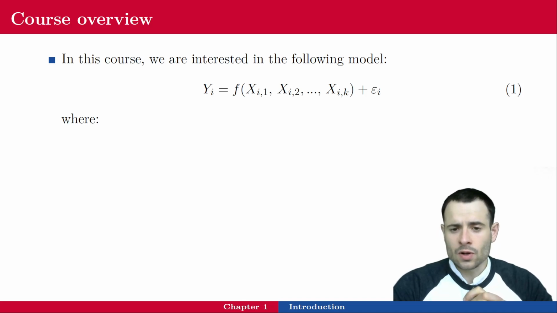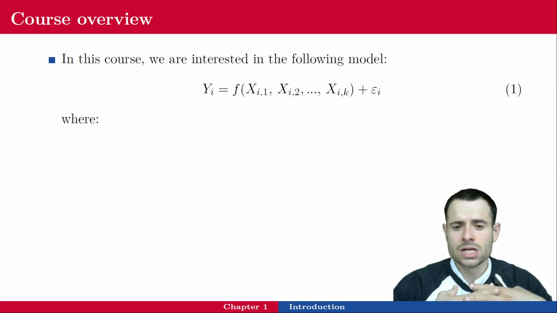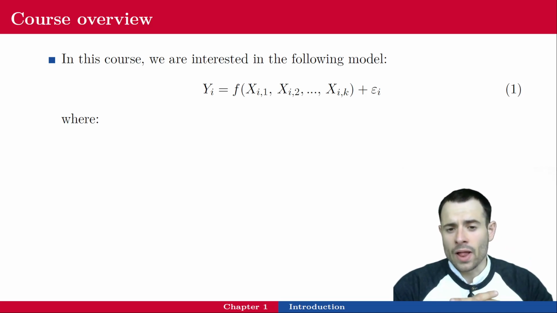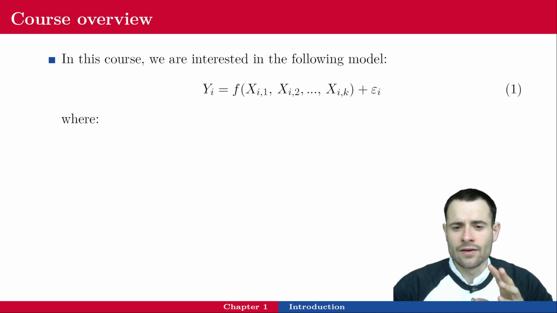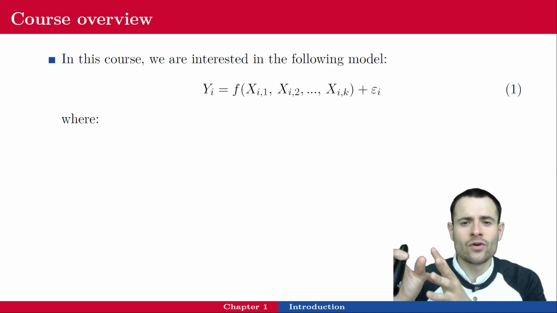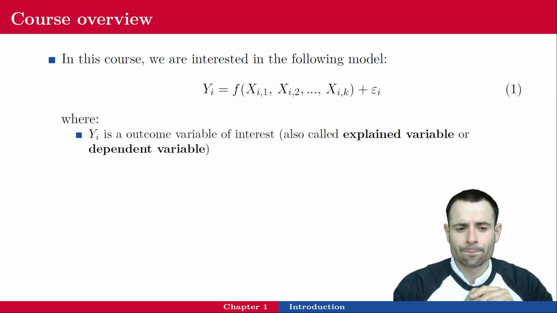They each correspond to observation i, so to the observation of individual i, and we have variable X1, variable X2, all the way to variable Xk. Finally, we have a last term, epsilon i, which is an error term or a disturbance term. It is in general the leftover, whatever is not explained by the main functional form.